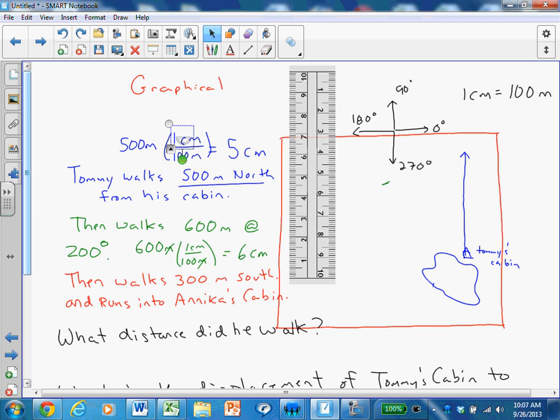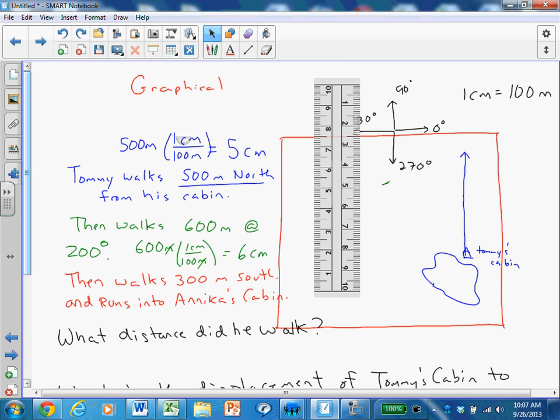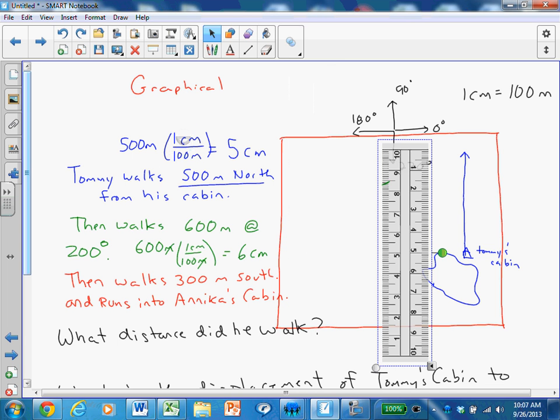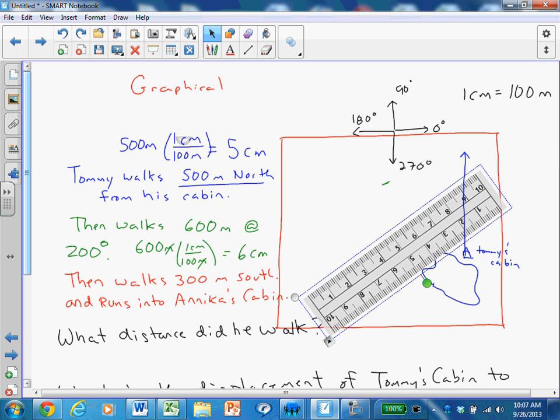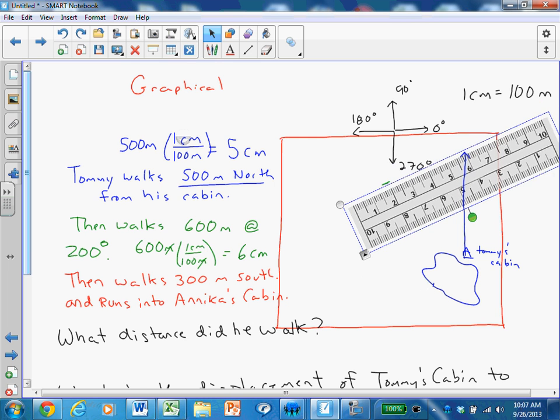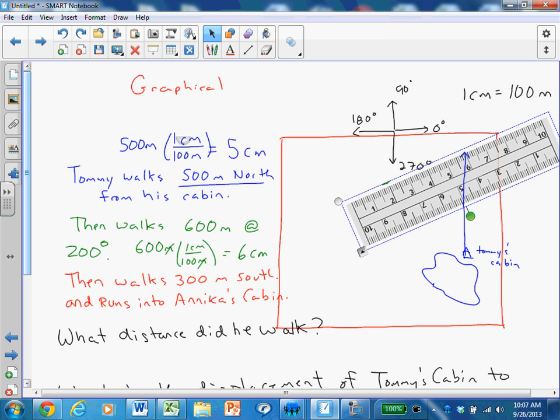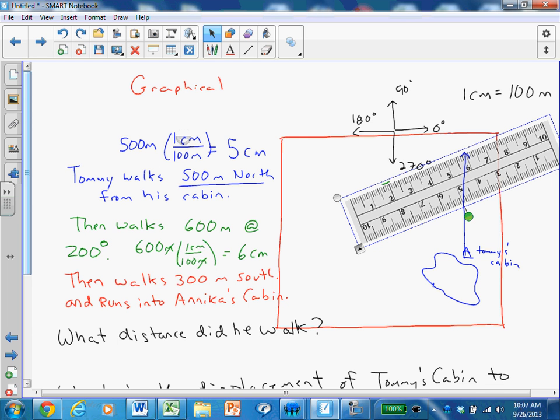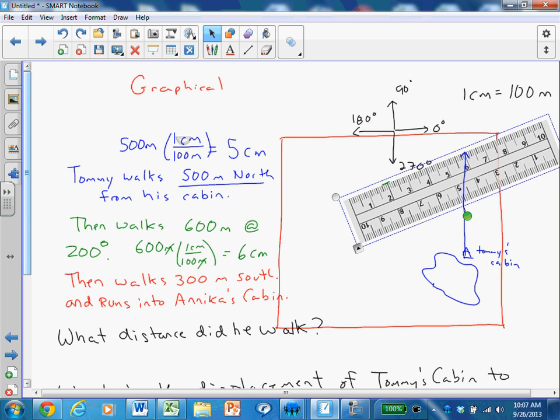And then now I'm ready to do the 6 centimeters from the blue in the direction of green. And that looks about right. So he'll walk to there.